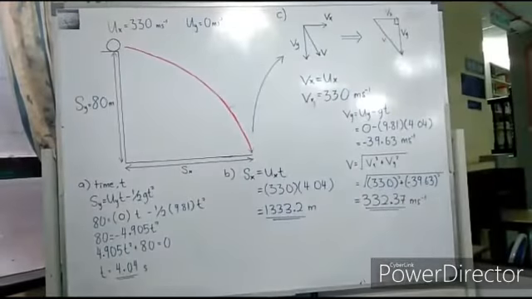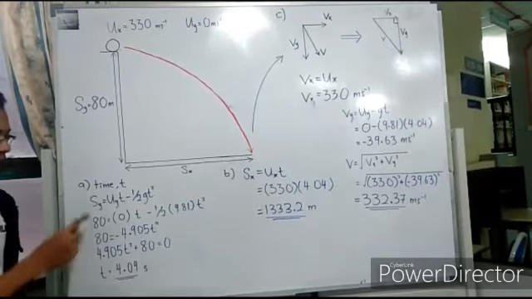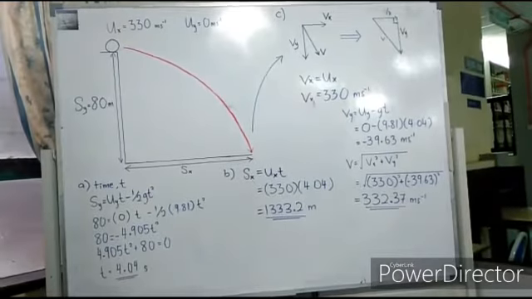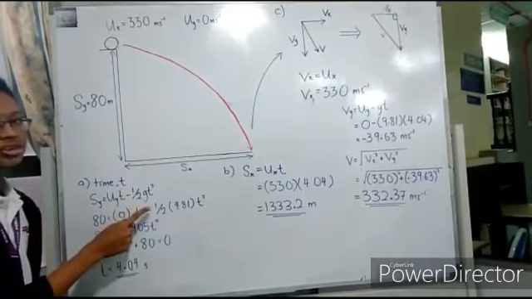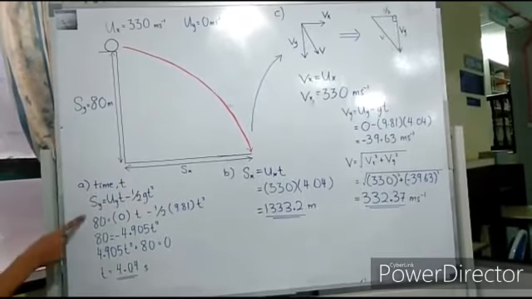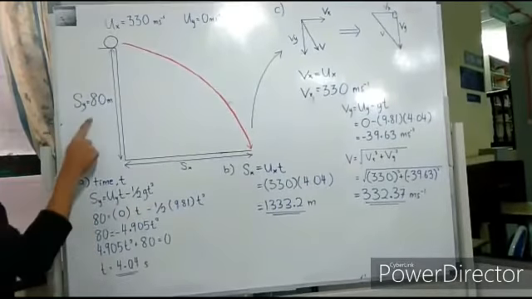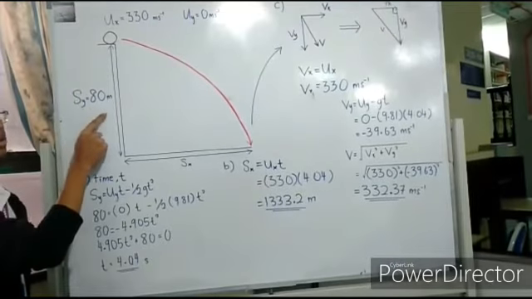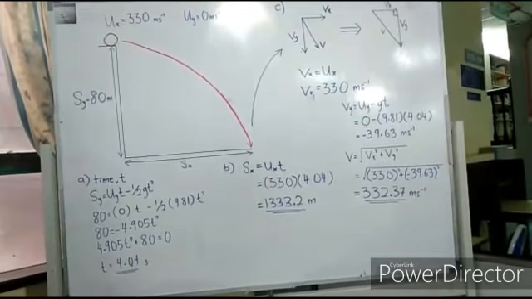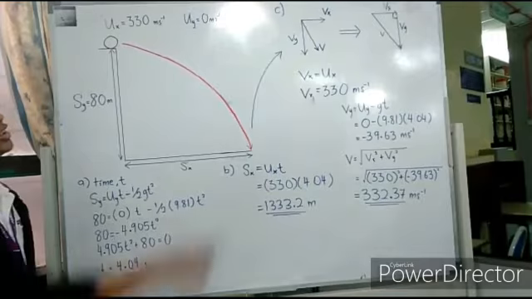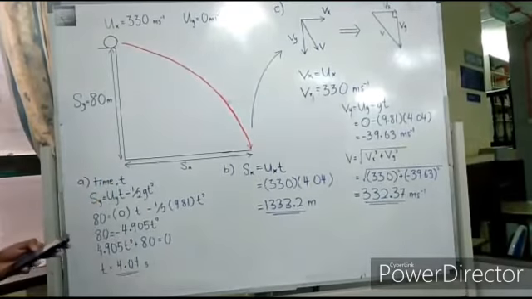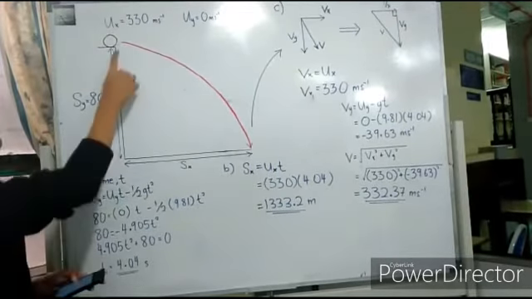To calculate the time taken, we can use the formula sy equals uyt minus 1 over 2 gt square. The value of sy is already given, which is sy equal to 80 meter. The value of uy is equal to 0 because the projectile is fired horizontally.